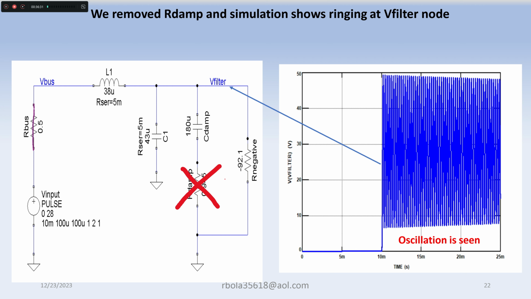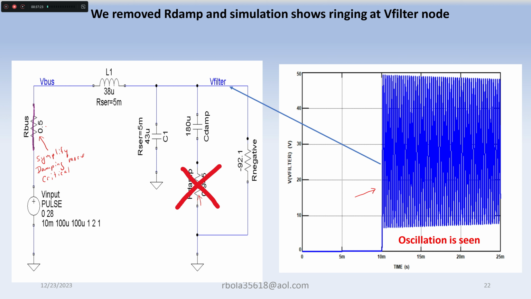Now, what I did is I removed the damping resistor, and another thing that I did is I short circuited the resistance from the bus, to simplify and also to make the damping more critical, so I can show this oscillation.